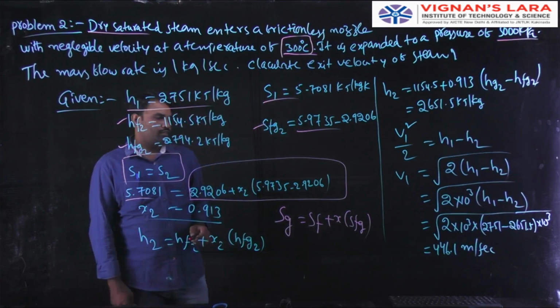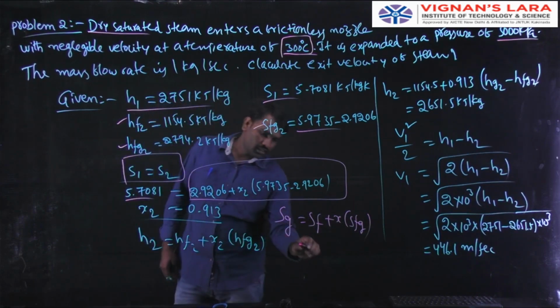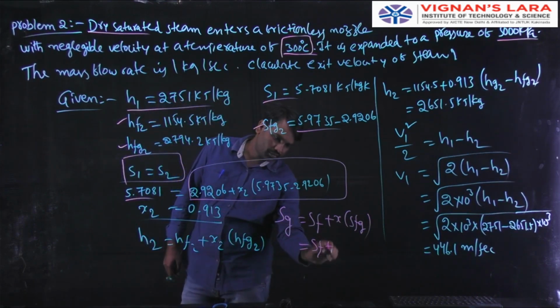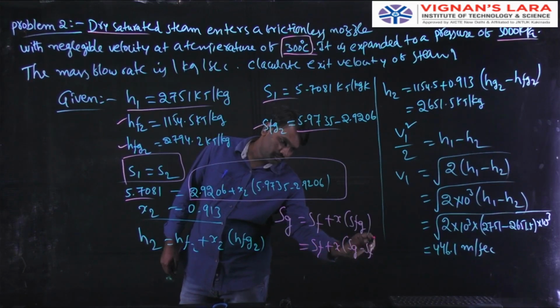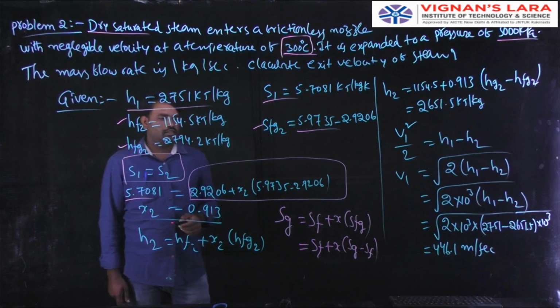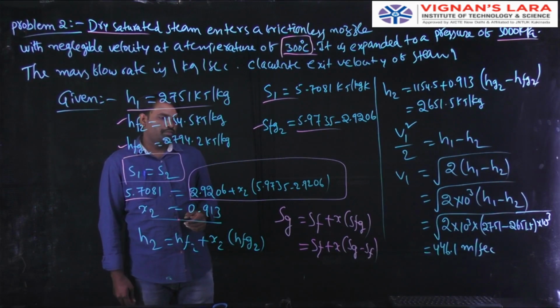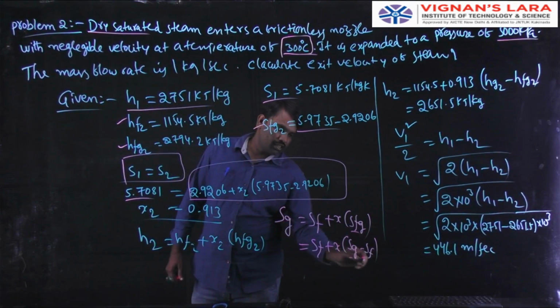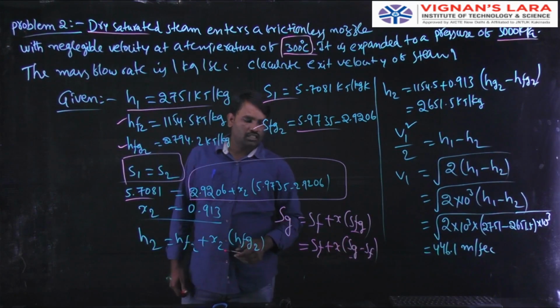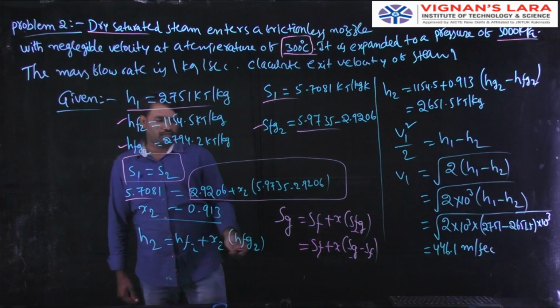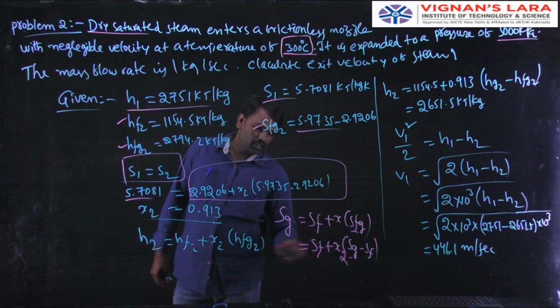In place of SFG, you can also write SG minus SF. If you know the values of SG and SF, you can substitute them in this equation and easily determine the X2 value.